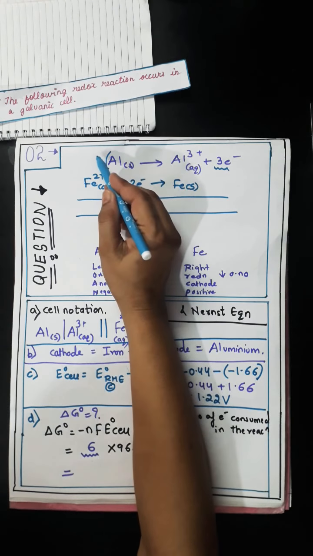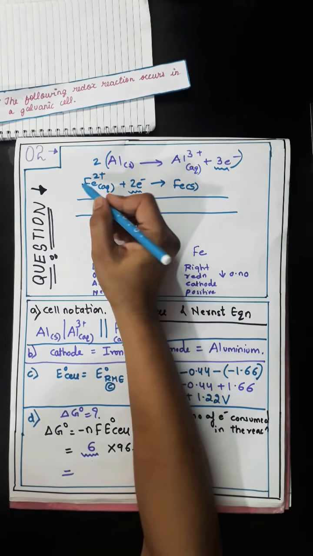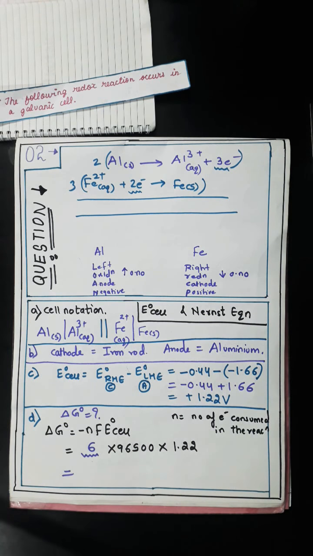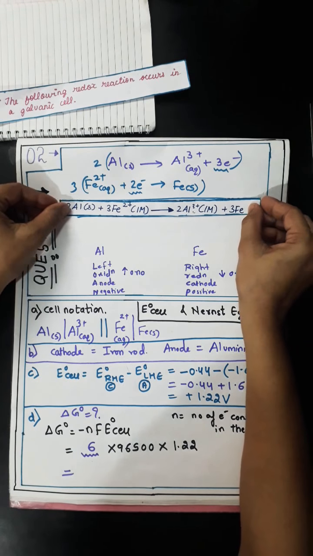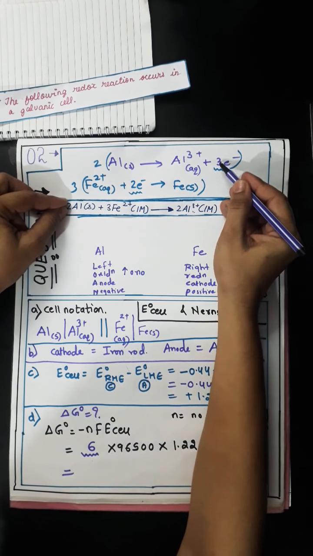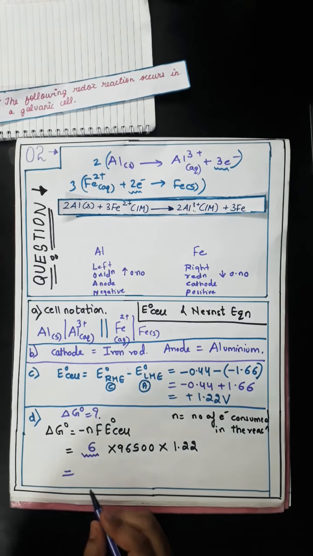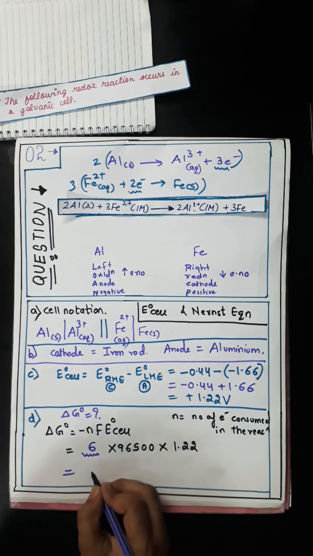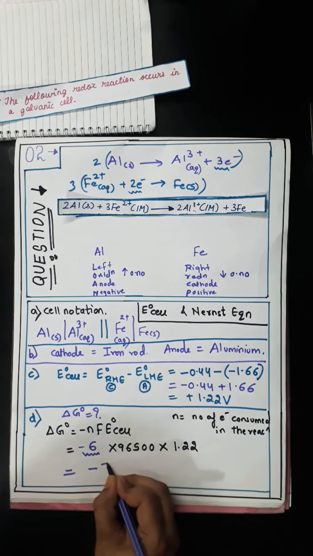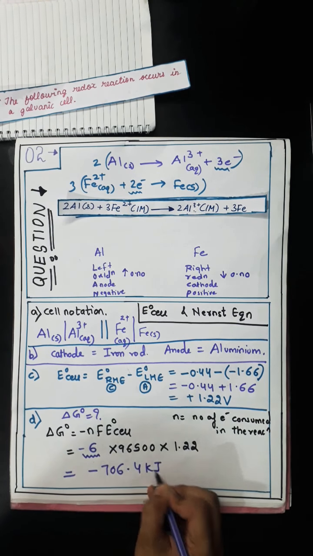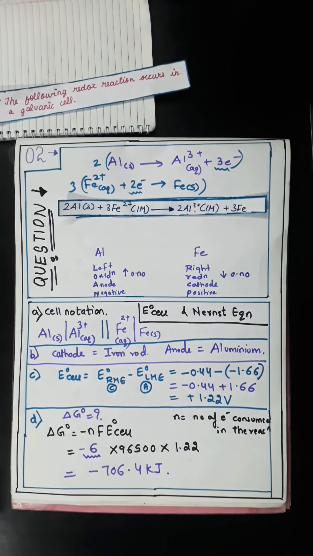So we multiply this by 2 and we multiply this by 3, and we get this as the answer. When you multiply, we get 6, hence I wrote 6. Now, when you solve this, you will be getting the answer as minus 706.4 kilojoules.